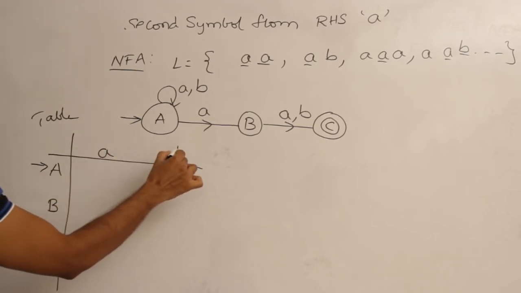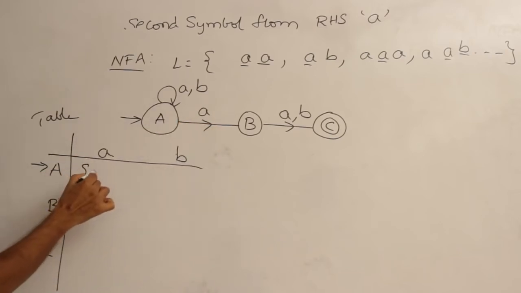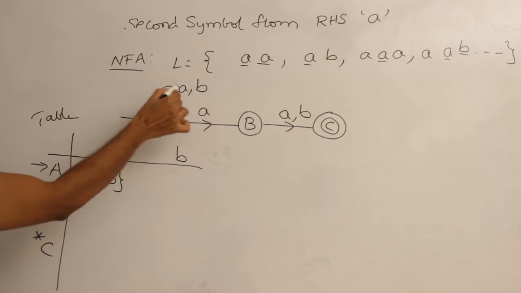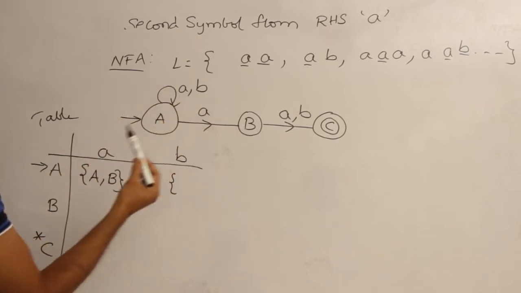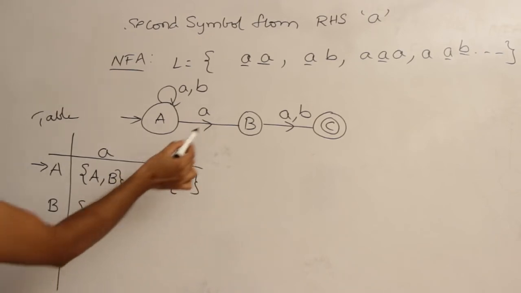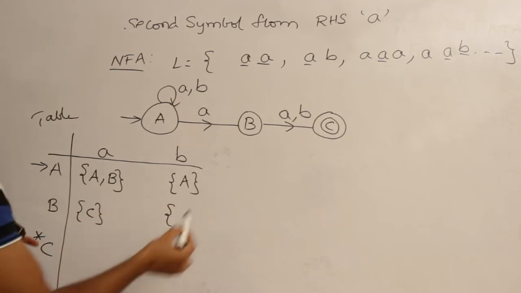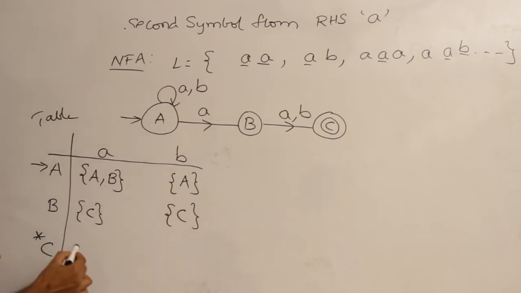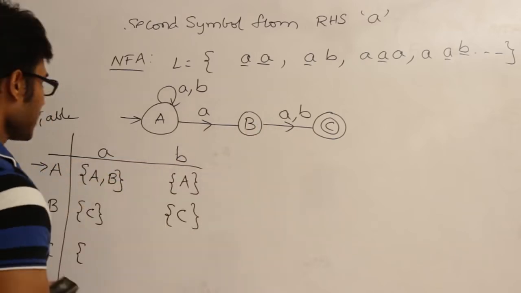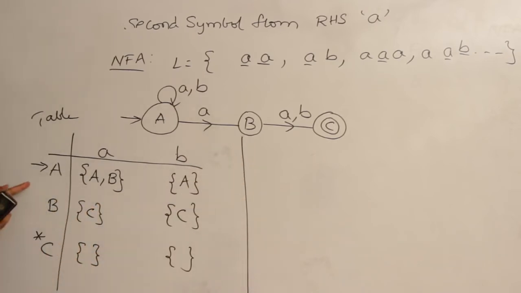Inputs are a and b, and capital A on small a is going to A as well as B. See this, capital A on small a is going to A as well as B, and capital A on small b is going to capital A itself, and capital B on small a is going to capital C, and capital B on small b is going to capital C. And what about C? C doesn't have any moves. Once you reach C, we are going to accept everything, and if I see anything, I am not going to do anything, so it is simply phi. This is the state transition table for NFA.